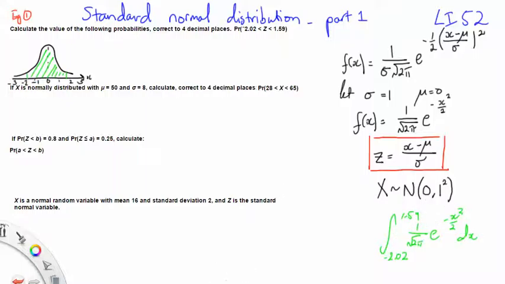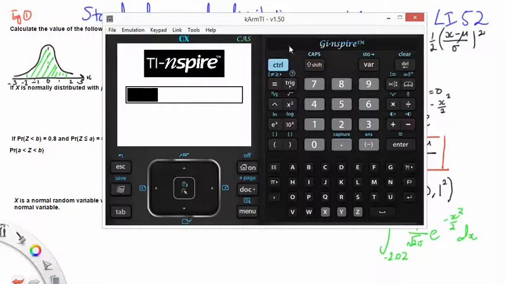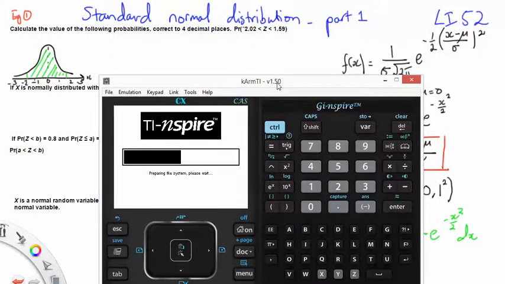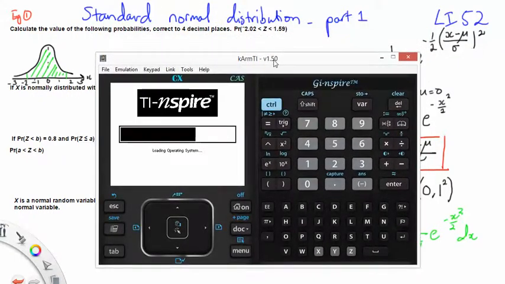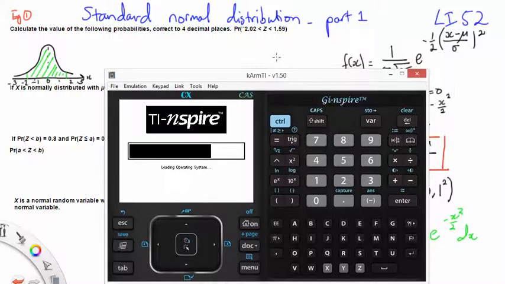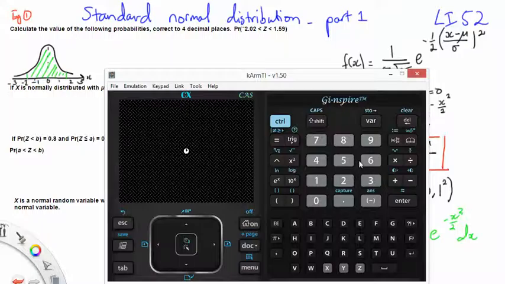So you use your CAS. Your CAS, you don't even need to type this. This is so common that your CAS has an inbuilt function to calculate this. So calculate the value of this probability correct to 4 decimal places, and make sure you're familiar with this function to do this, because we're going to use it a lot.